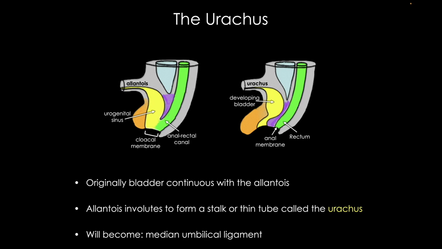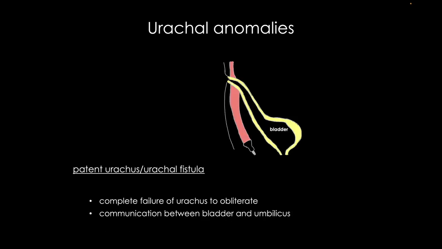But instead of blood or deoxygenated blood moving to the wrong place, we can often have urine moving to the wrong place. So there are several forms of a patent urachus. The first is the stereotypical patent urachus or urachal fistula. And this is where we have a complete failure of the urachus to obliterate.